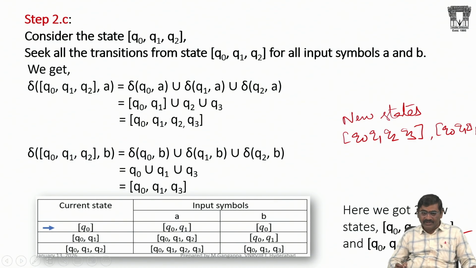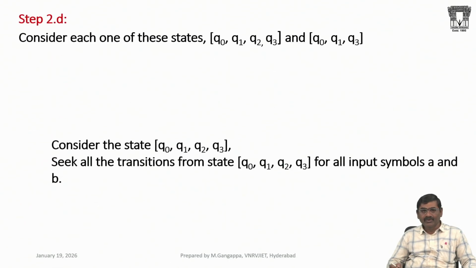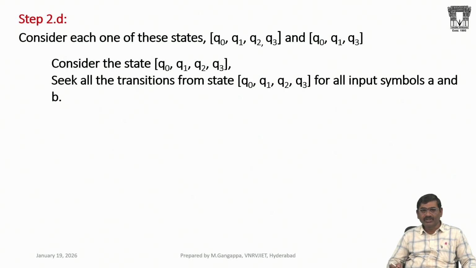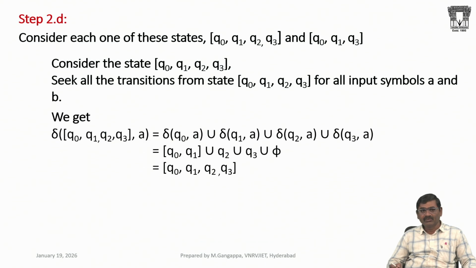Now, if any new state appears in the next state column of the DFA table, then we have to again perform the transition by using the input symbols A and B. Now here I am going to take the transition for the state Q0 Q1 Q3 with input A, and Q0 Q1 Q2 Q3 with input A, and Q0 Q1 Q2 Q3 with input B. So what do we get here?